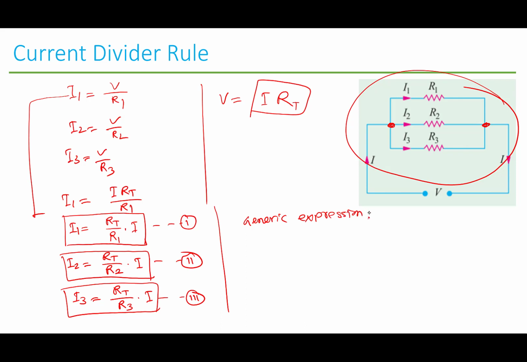of the current divider rule. That means if n number of resistors are connected here, then how will you find out the equation for the current IN?